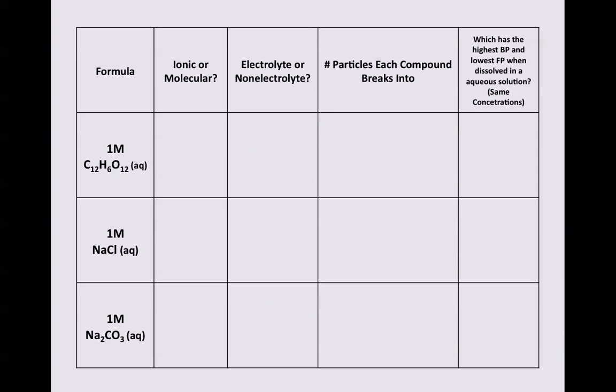So let's look at 3 examples, and I've made this column more detailed than it is in your note packet, so I would make sure you edit and update that. These are all 1 molar solutions, so I'm putting in the same concentration, which is important here. That allows me to just look at the formula. The first thing you have to think about is, is it ionic or molecular?